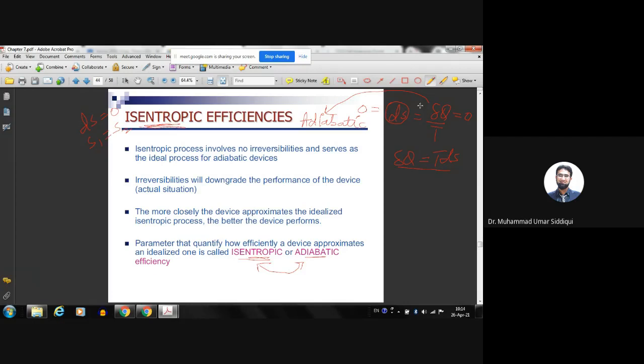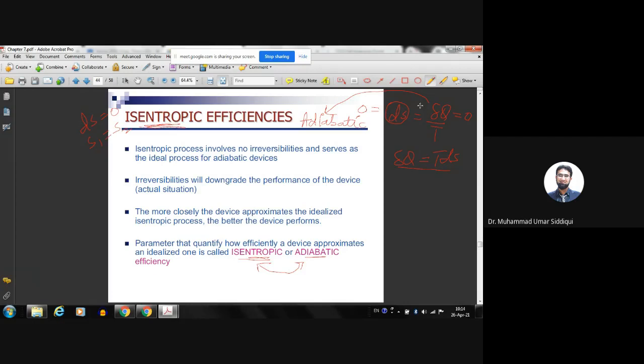So this is the concept. Anything isentropic means there are no irreversibilities, and one of the main irreversibilities is friction.